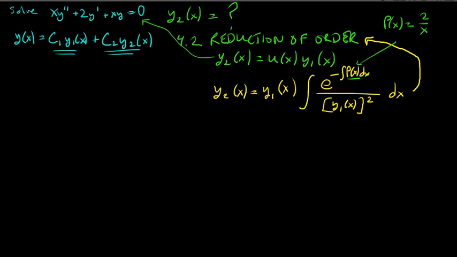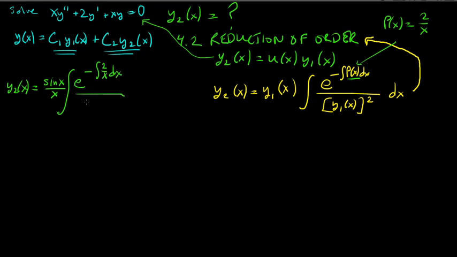All right, so y2, I don't know if I have enough room here, but I'll try. y1, and we know y1 is just sine x over x, times the big integral here, because in the numerator we're going to have e to the negative integral of 2 over x dx.